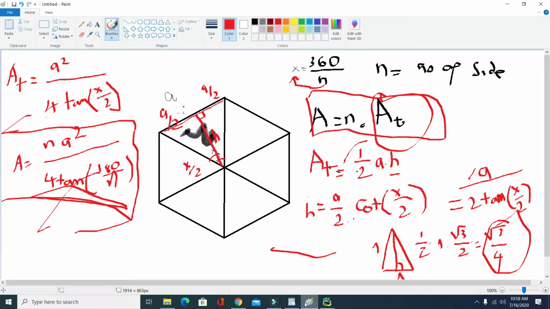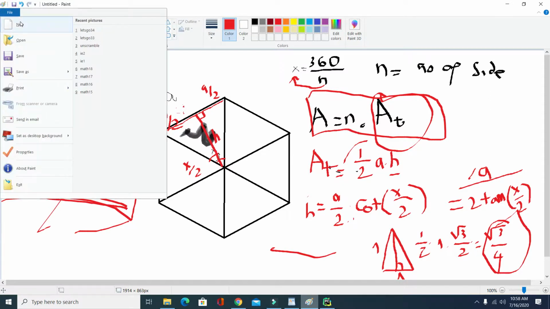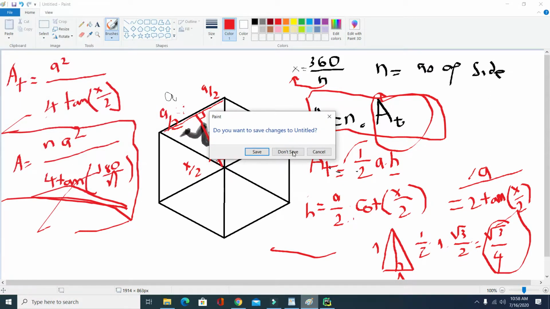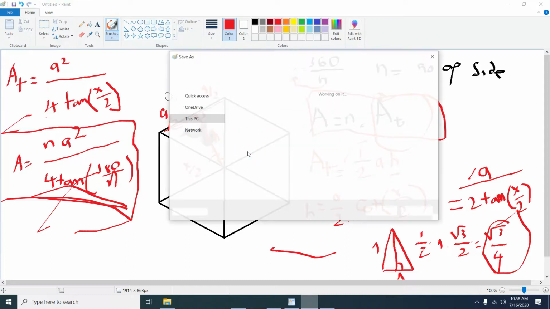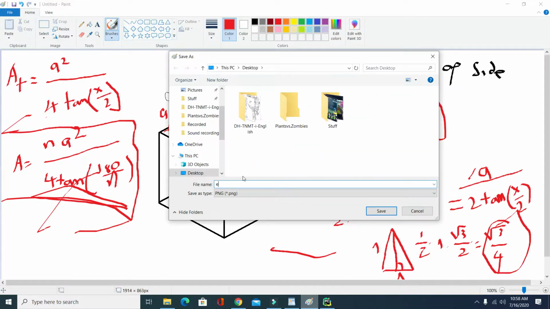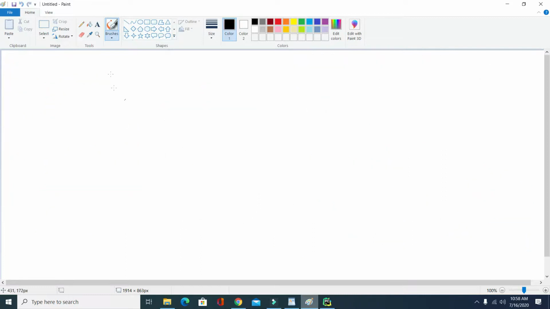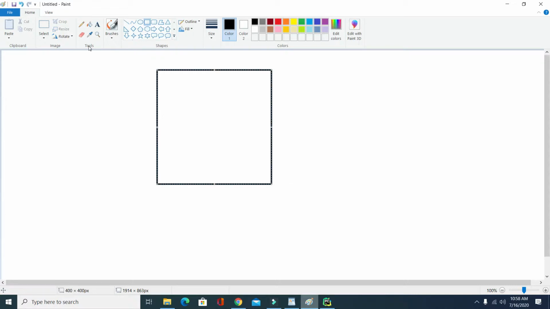Okay, so let's take a new one. Save. Repeat. And let's say the square, so we can divide it by 4.